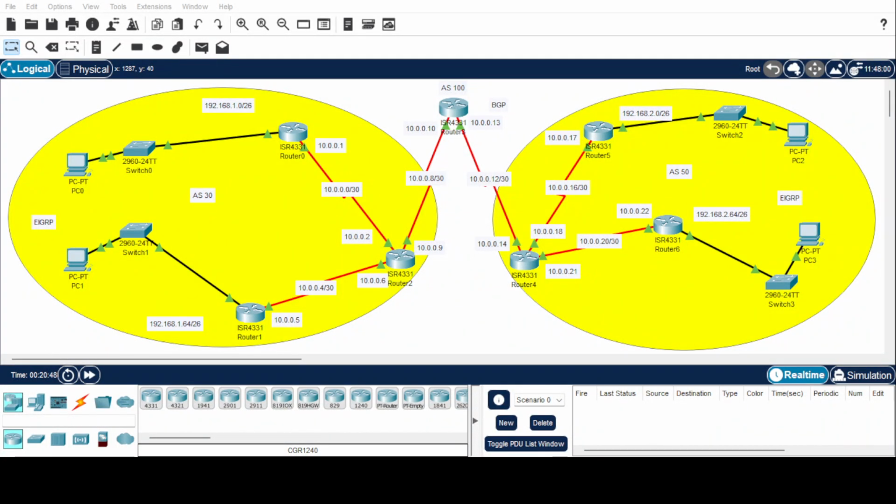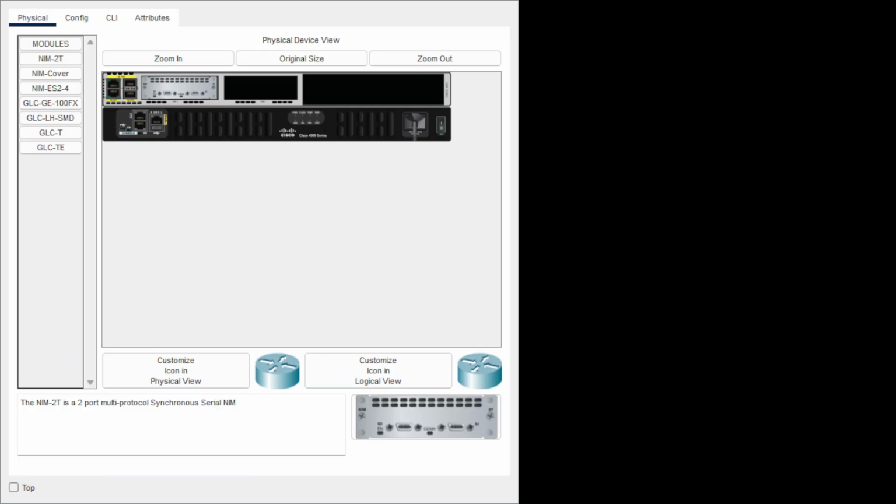After router 5, we have to configure router 6.